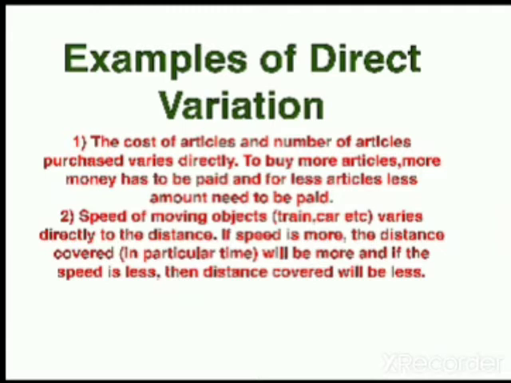To buy more articles, more money has to be paid, and for fewer articles, less money is to be paid. Second, the speed of moving objects, for example cars or trains, varies directly with the distance. If the speed is more, the distance covered in a particular time will be more, and if the speed is less, the distance covered will be less.